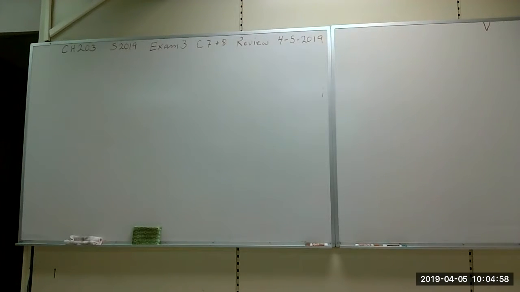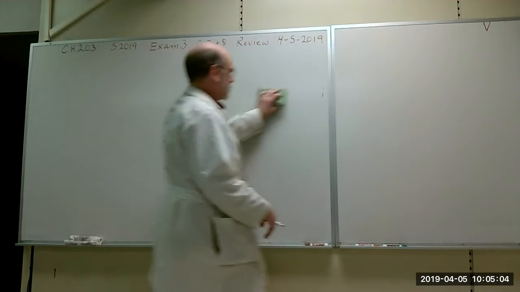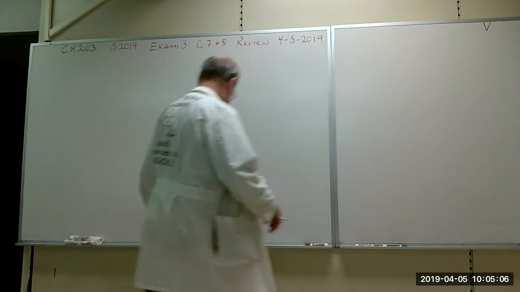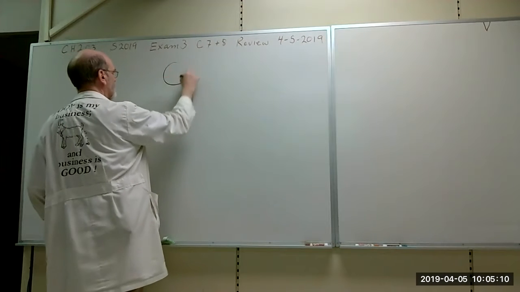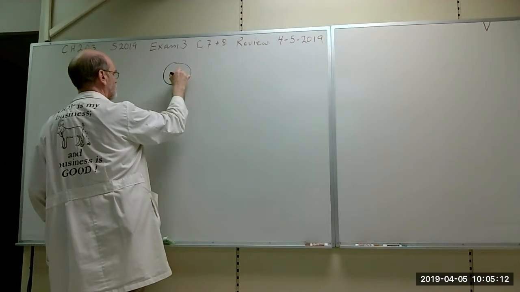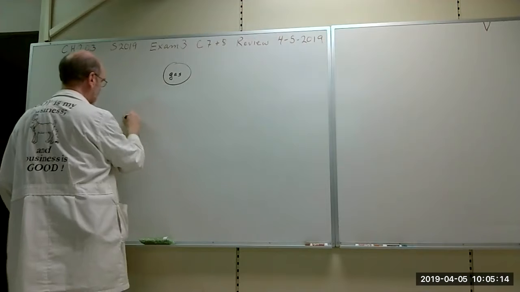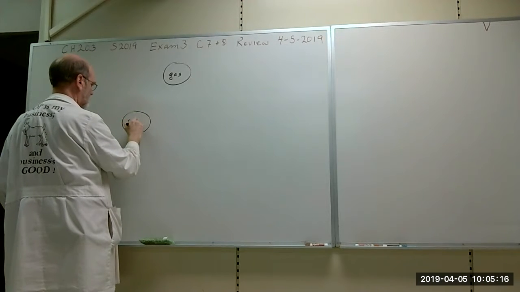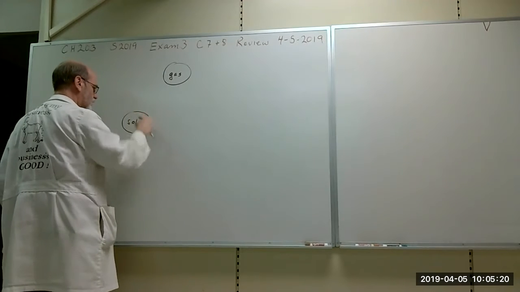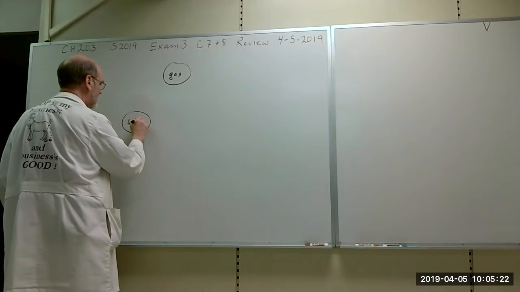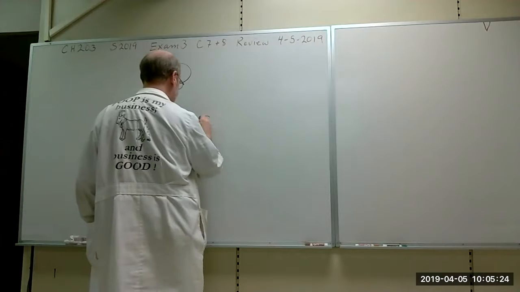Okay. How about the various processes? We got names for things as they go from one phase to another. So you can have, we'll put the gas up here, and we'll put a solid over here. Put the liquid over here.